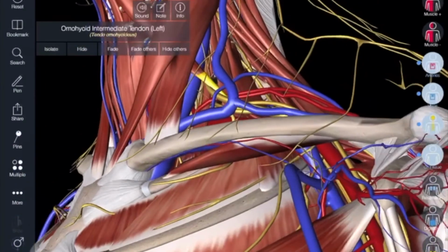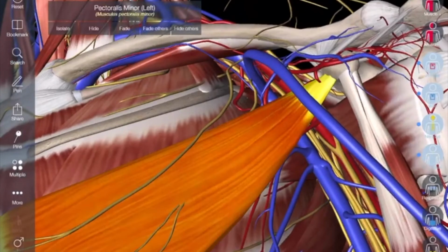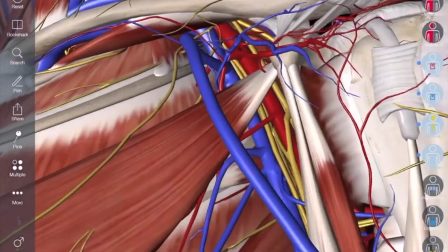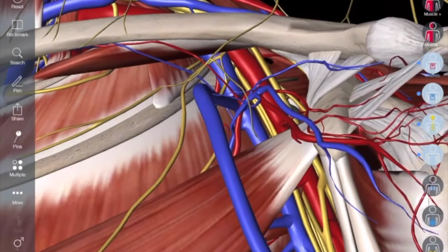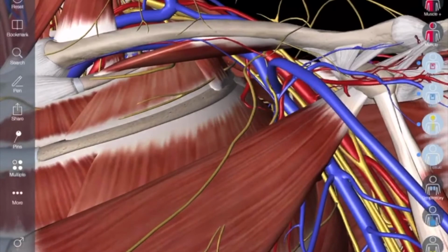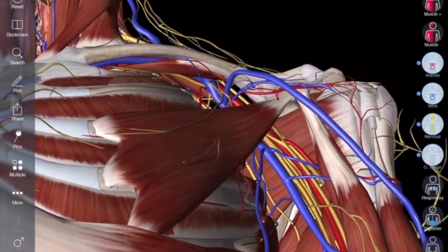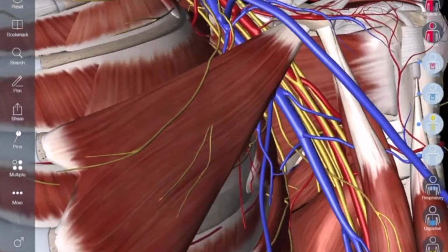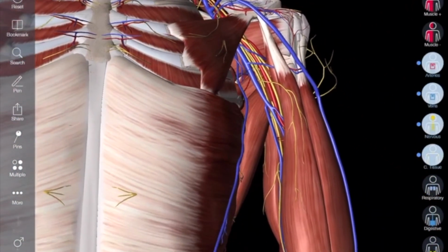It goes under the clavicle, it goes under pec minor. This is pec minor right here. So this whole big bundle of nerves and blood vessels, both arteries and veins, goes under pec minor through the axillary region. Here we're looking at the armpit-ish area, through the axillary region, and then down the arm.